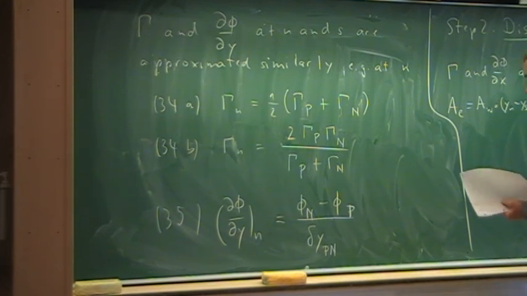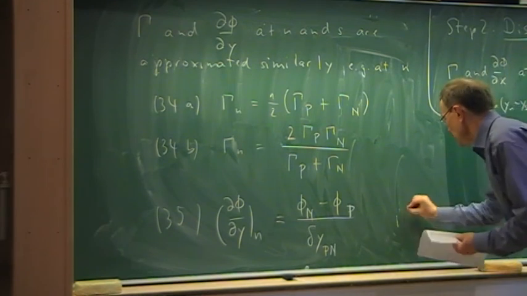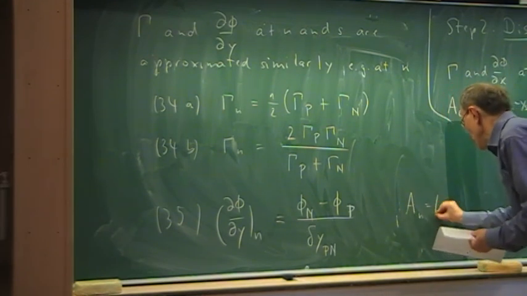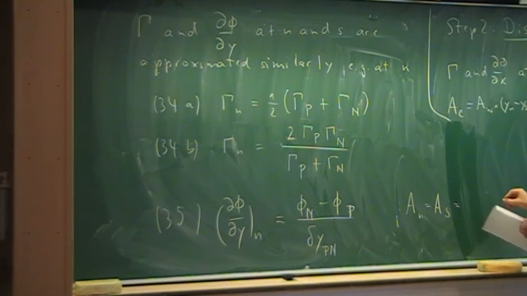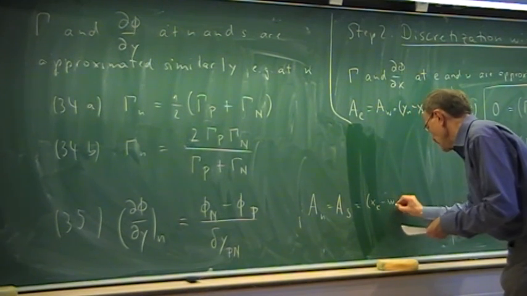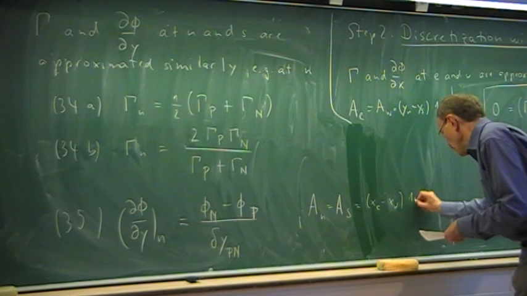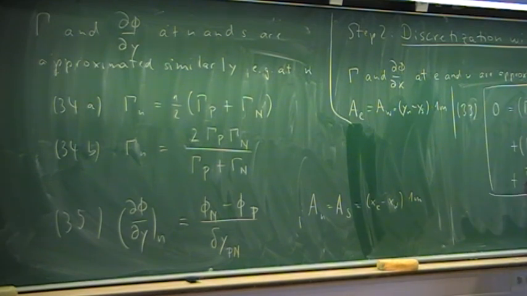And the area that we have, that is the AN is equal to the AS, and that is equal to XE minus XW times 1 meter. So that is the delta x then. This distance XE minus XW times 1 meter.